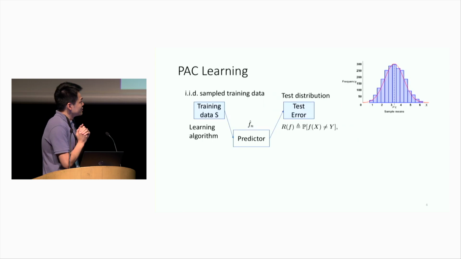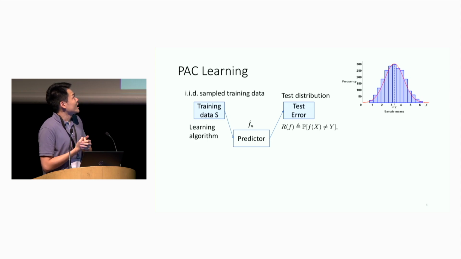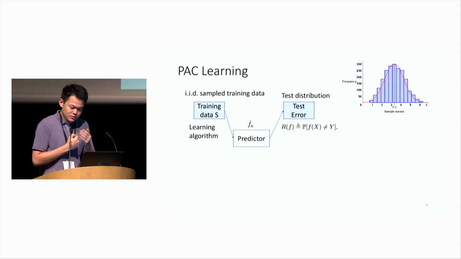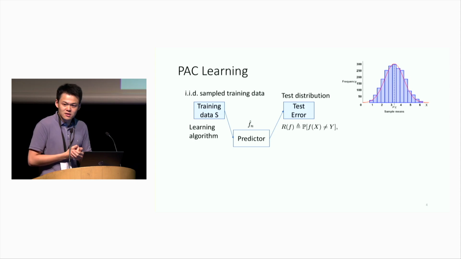To do that, we will first very briefly introduce what we mean by PAC learning. In PAC learning, we use the standard setup where instead of learning directly from the population distribution, we sample a data set S, and from this S we learn a predictor f hat. This is expected to be very close to the global optimal predictor f.